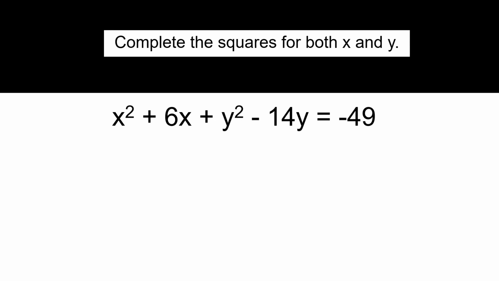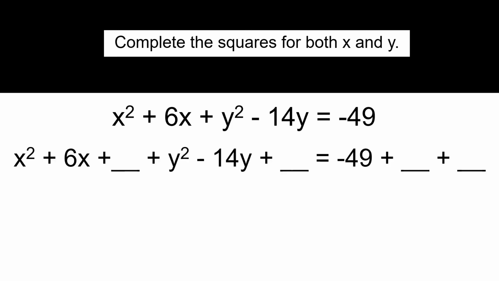Next step, we are going to complete the squares for both x and y. So ito na yung pinaliwanag ko kanina. So concentrate muna tayo dito sa x values natin. So we have x squared plus 6x. So ano kaya yung ilalagay natin dito o idadagdag natin para maging perfect square trinomial siya? So again, kukunin natin yung kalahati ng coefficient ng linear term or ng second term.